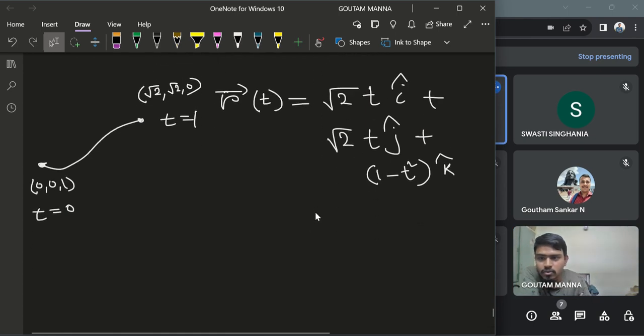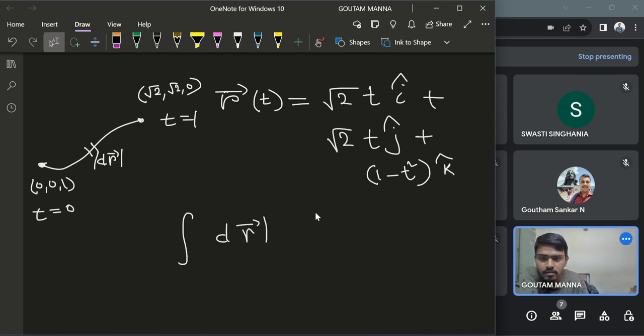Now the infinitesimal length, you define it by mod of dr. So what you want to do is integrate mod dr from 0 0 1 to root 2 root 2 0. You have parameterized the curve with t.